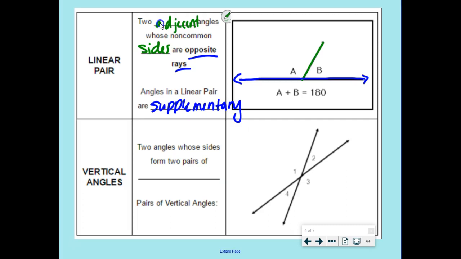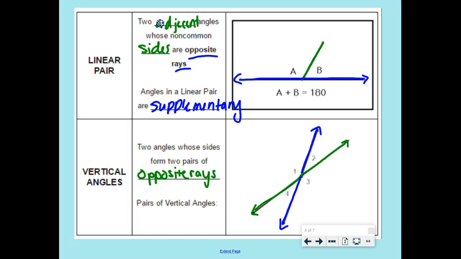Vertical angles: two angles whose sides form two pairs of opposite rays. So we have one pair of opposite rays here and one pair of opposite rays there.